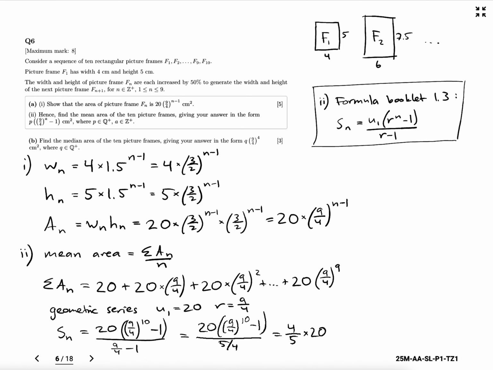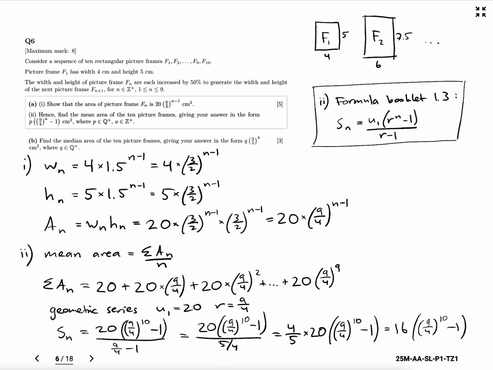So we get this. And let's look at what we want to end up with: p times 9 over 4 to the power of a minus 1. So it's already looking a bit like this. So let's do the 4/5 of 20, which is equal to 16, times 9 over 4 to the power of 10 minus 1.